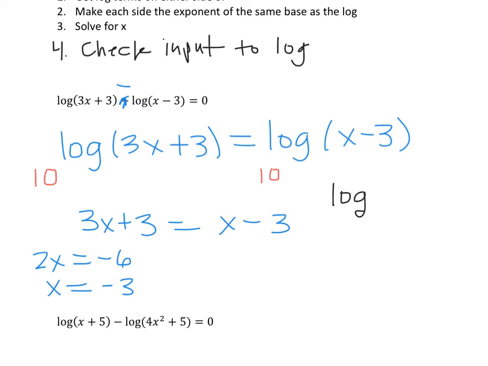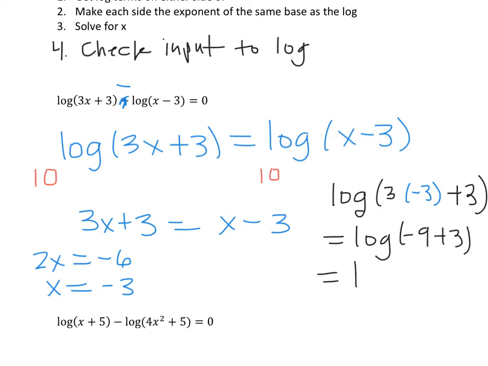So we're taking log of 3x plus 3. So let's plug in that x value of negative 3 times negative 3 plus 3. So that gives us log of negative 9 plus 3, which is log of negative 6.